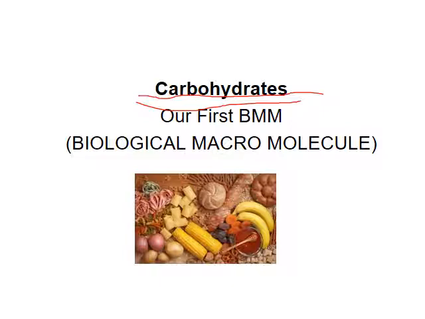You'll also see that they all have similarities: they have more than one hydroxyl and they either are aldehyde or ketone. So, welcome to our first BMM, biological macromolecule.